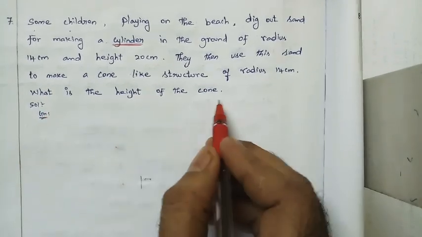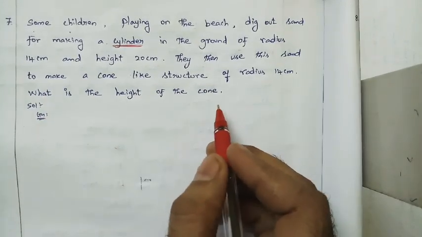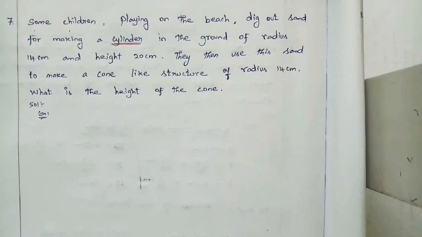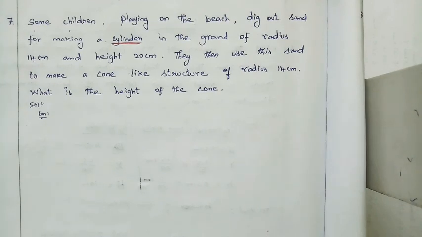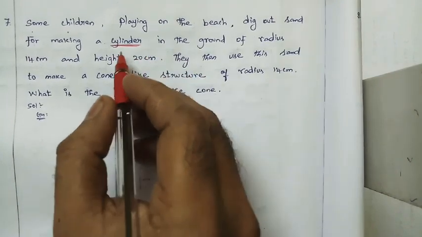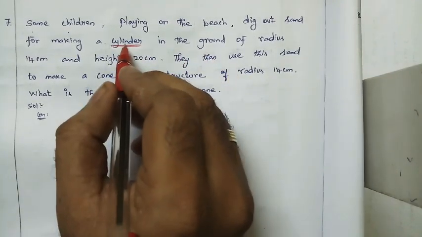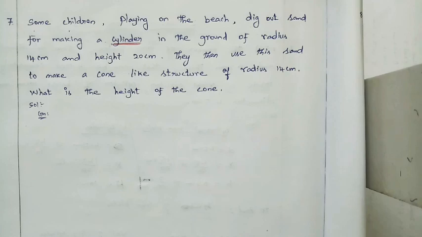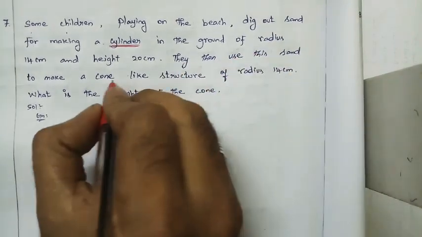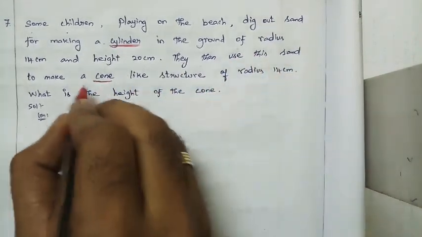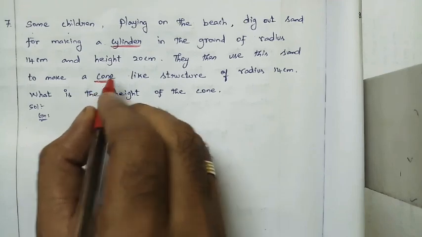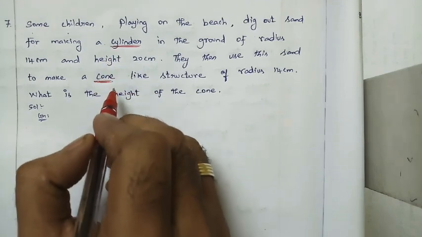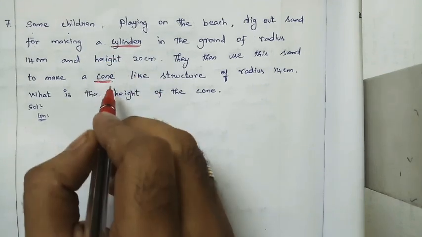What is the height of the cone? Understood? So while taking the sand, what type of shape have they dug? It's nothing but a cylinder in shape. After taking that sand, they are constructing a cone. So the volume of cylinder is equal to the volume of cone.